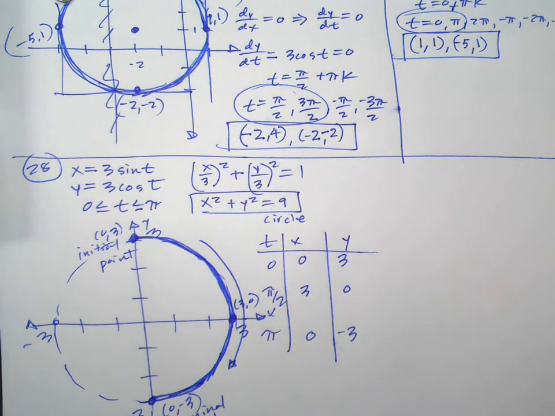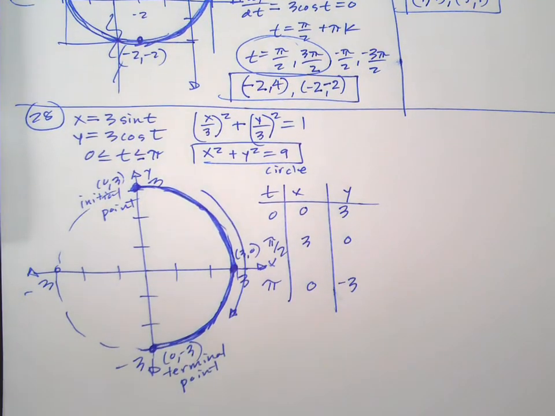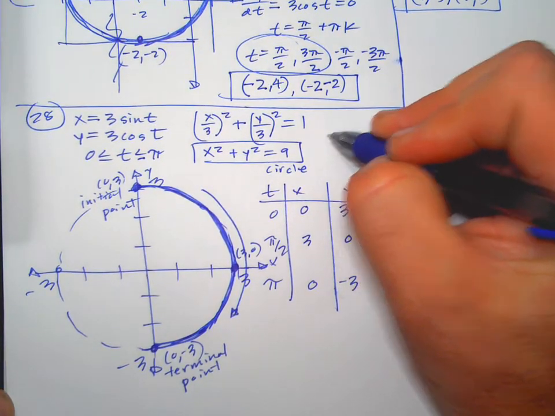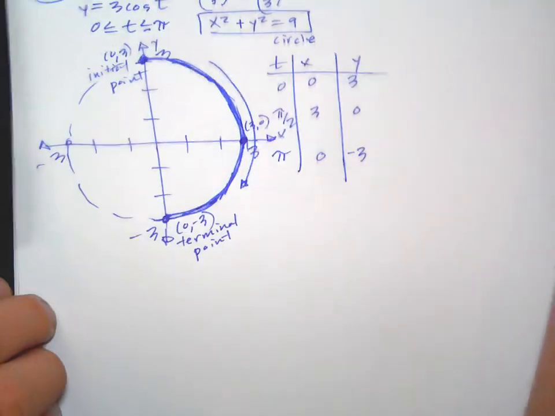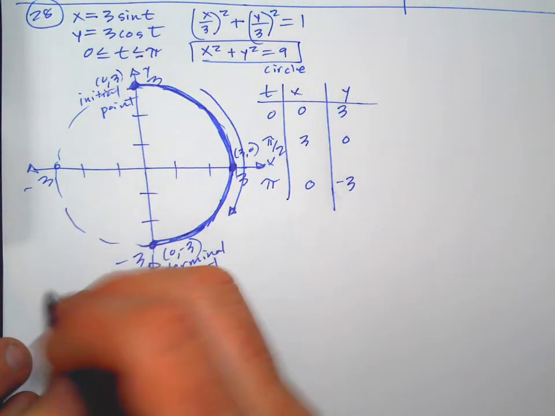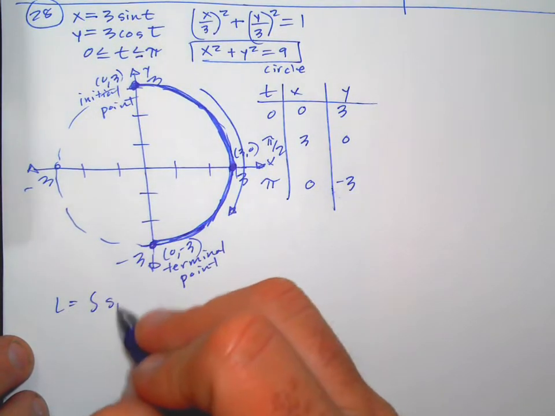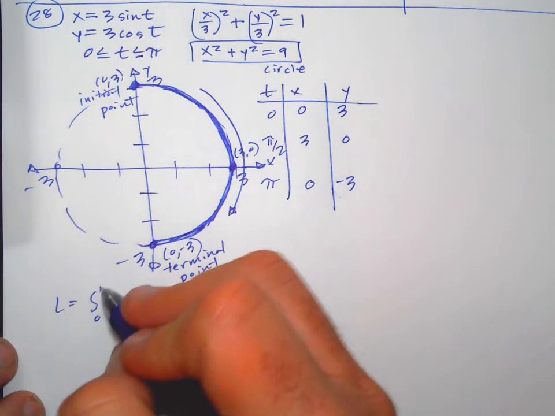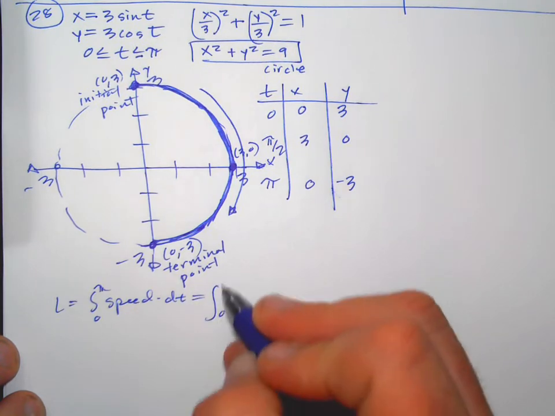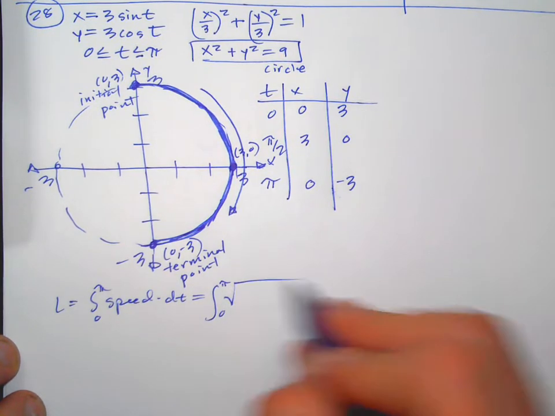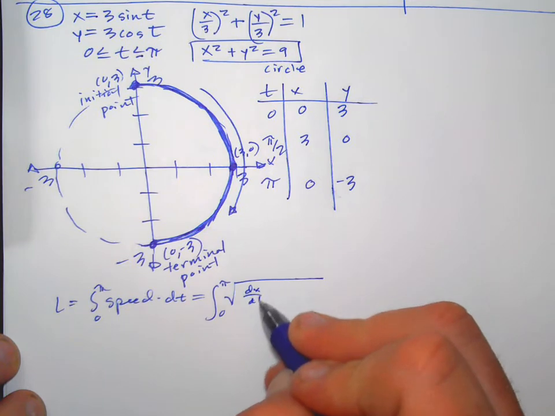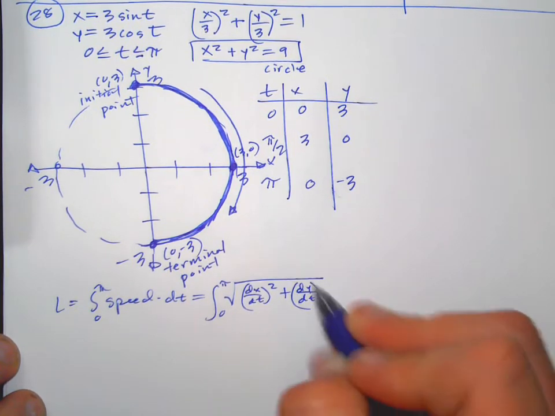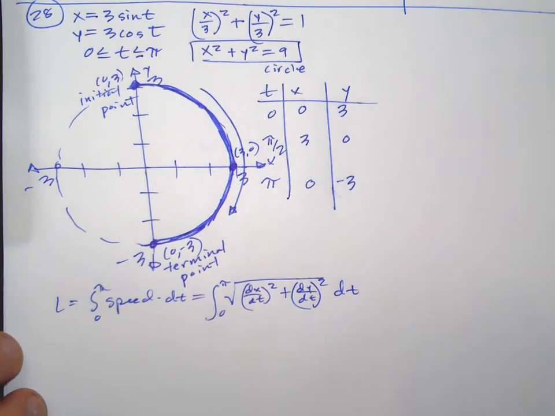Well, that's half a circle, so we could calculate that really easily without calculus, but we're going to use the calculus. So the new formula we learned was that the length is equal to the integral of speed, just like last year, from 0 to pi. But speed is now calculated by the square root of (dx/dt) squared plus (dy/dt) squared, integrated with respect to t.